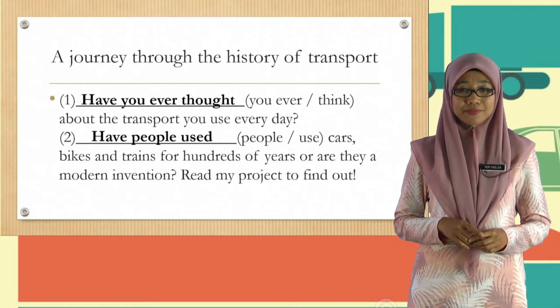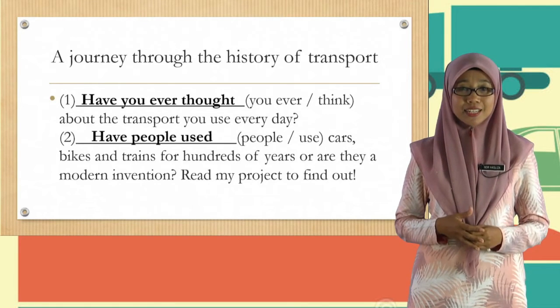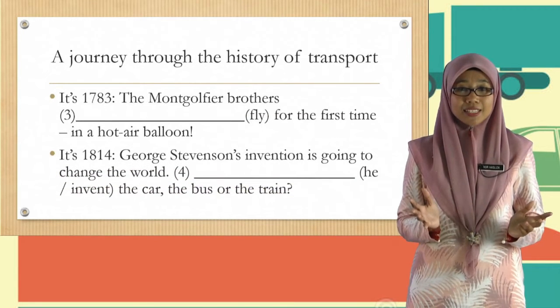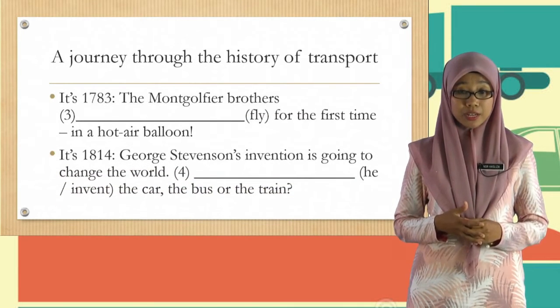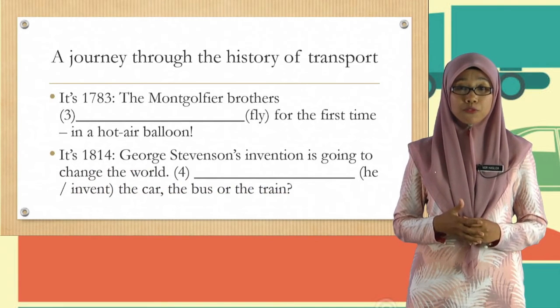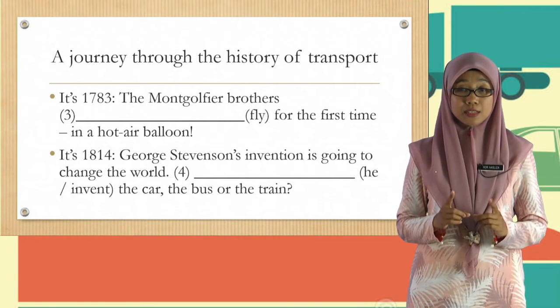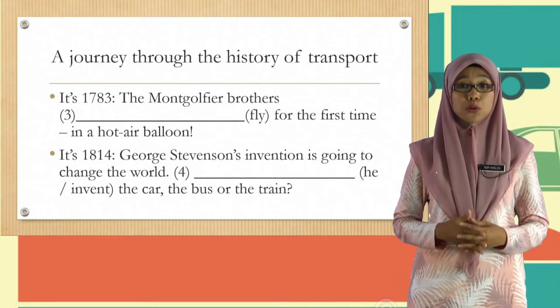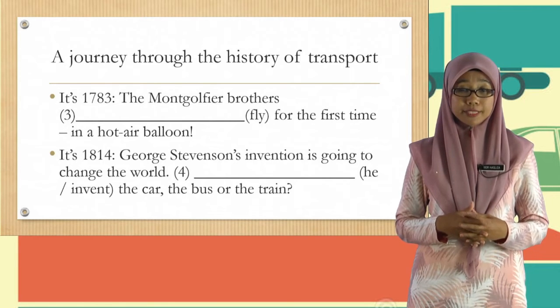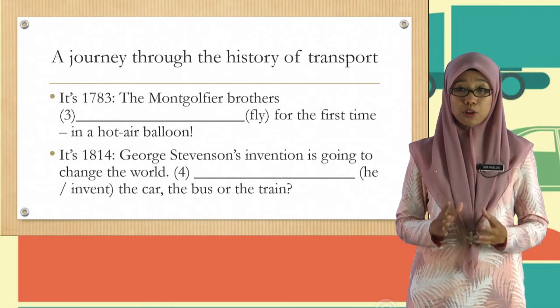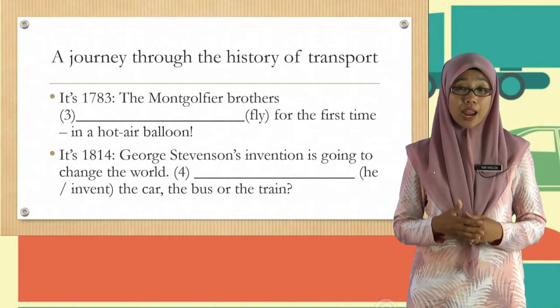Okay, let's continue the journey. It's 1783, the Montgolfier brothers. Look at here, brothers. So is it a singular or plural noun subject? In brackets, we have fly for the first time in a hot air balloon.